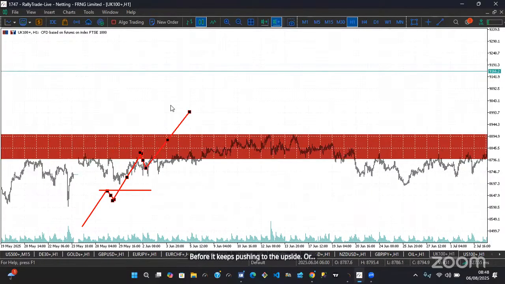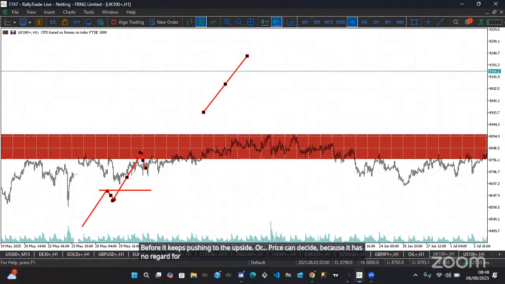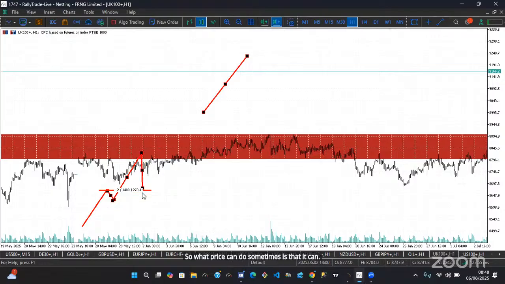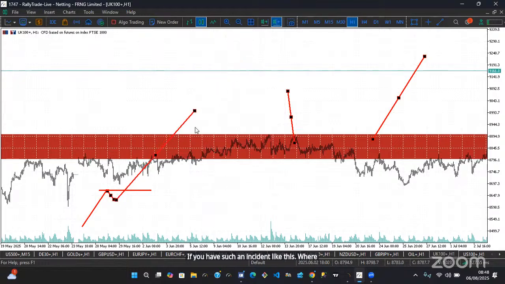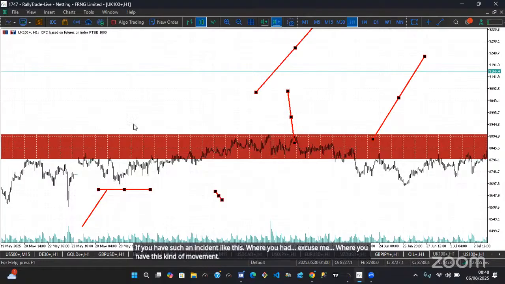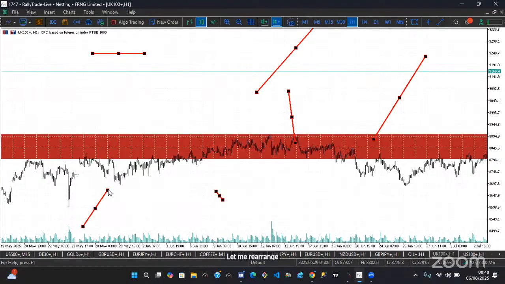Or price can decide, because it has no regard for this particular level, that it can come back all the way inside this level before it pulls away again, right? But if you have such an incident, where you had this kind of movement, let me rearrange all of this to show you what I'm talking about.